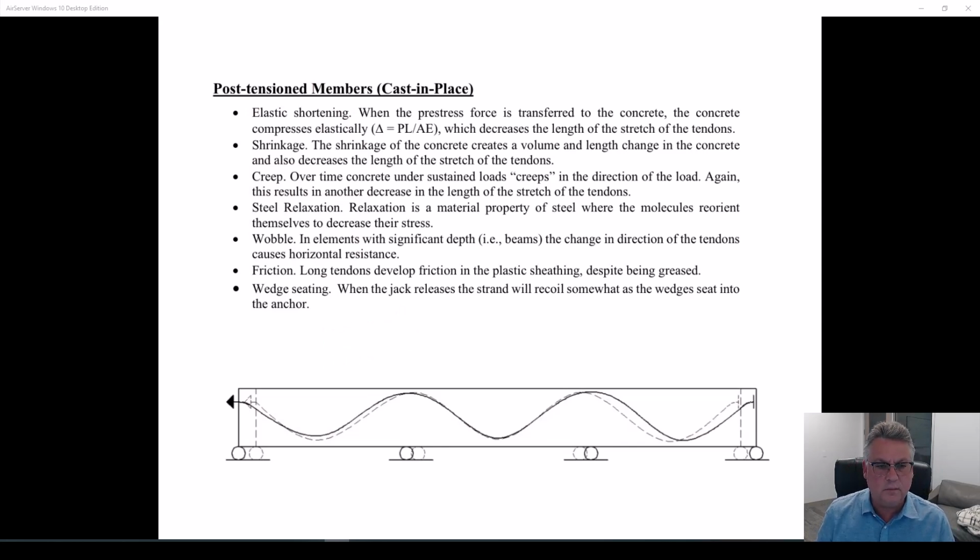Most of the results that get sent to us are somewhere in the 9 to 12 KSI loss range. That's because we stick within the parameters that PTI recommends for length of strand, single-ended pull, double-ended pull. So the fact that our program builds in a 15 KSI loss, we're slightly conservative. We're going to have a little more force in our tendons than we may think.